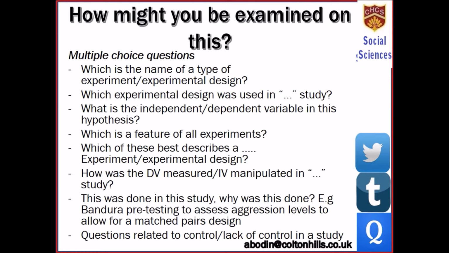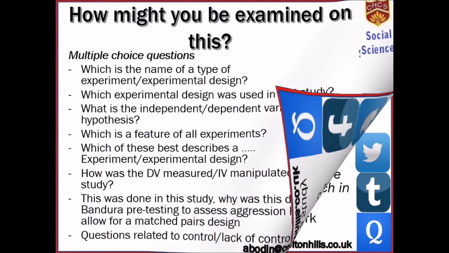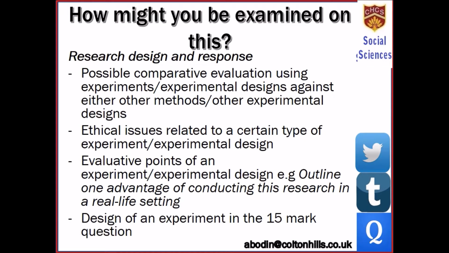You'd be given multiple choice options on that, and matched pairs design would be one of them. Okay. The question above that one is also important to be aware of. You could be asked, how was the DV measured or the IV manipulated in, say, Piliavin's study? So it's not just going to be multiple choice questions.